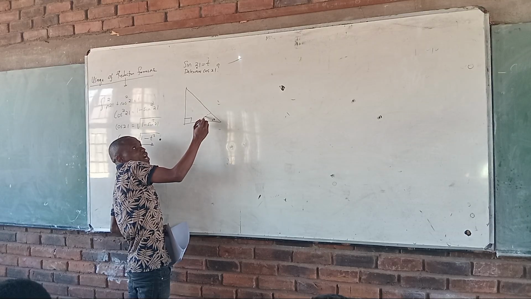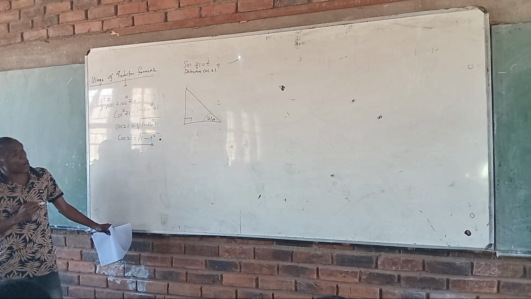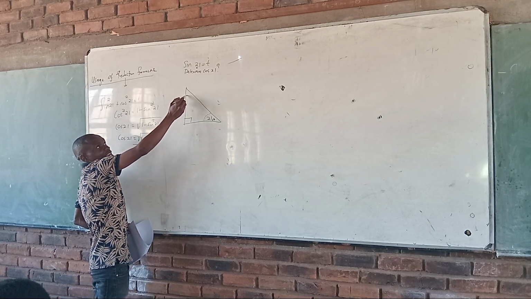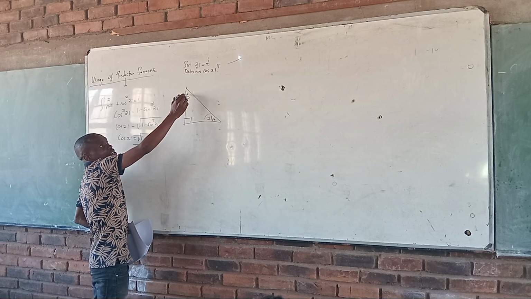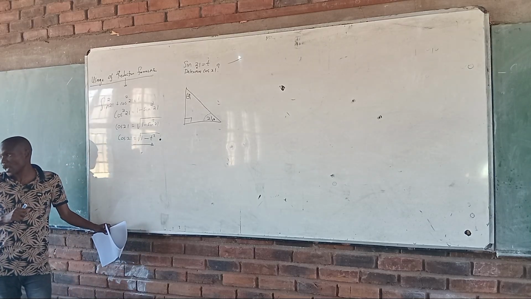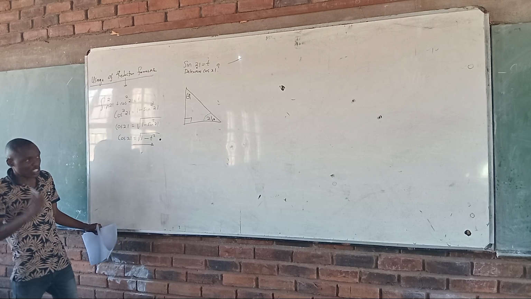So let me put 21 here. Now, obviously this other angle can't be 79 or 69, because all angles in a triangle must add up to 180.